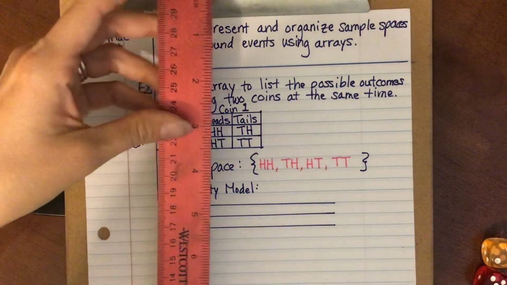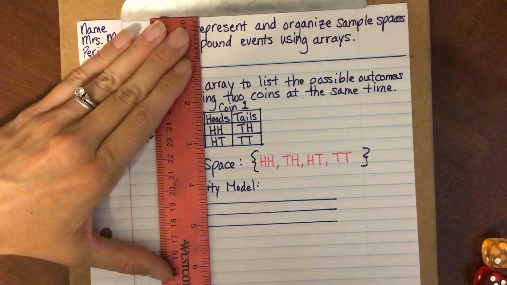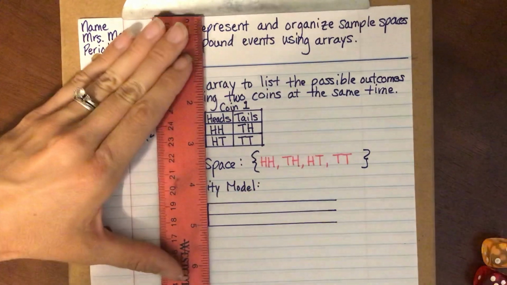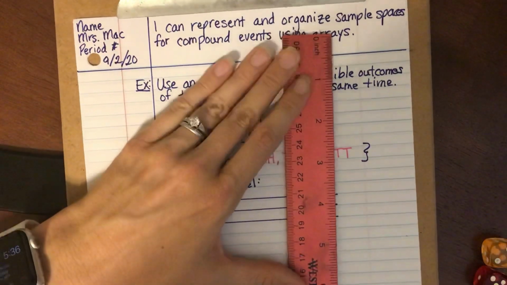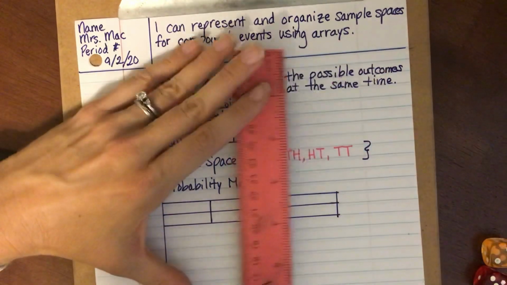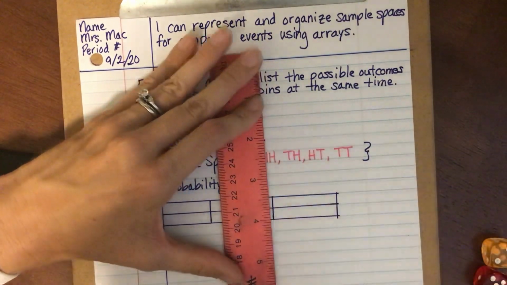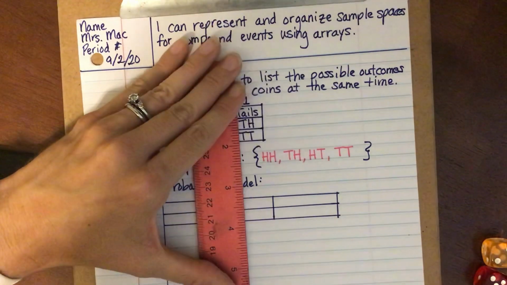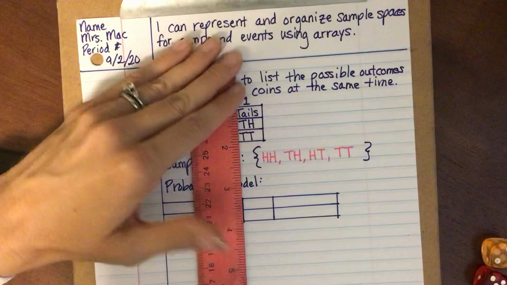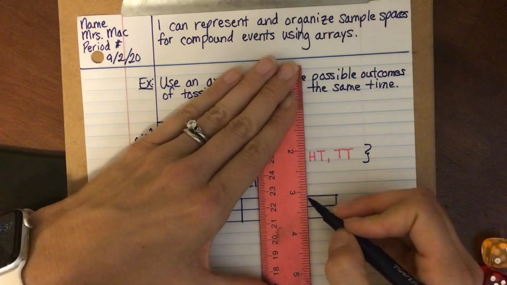Probability models are just a nice tool to make sure that all of your outcomes are nicely laid out and easily accessible. You can freehand all of these tables. You do not need to make nice, neat, precise lines with a ruler. It's just something that I do because I want you guys to easily see everything that I'm doing in my notes.